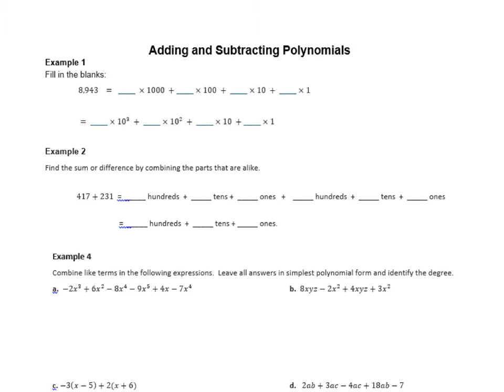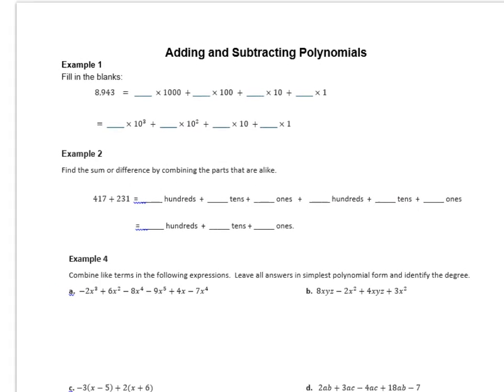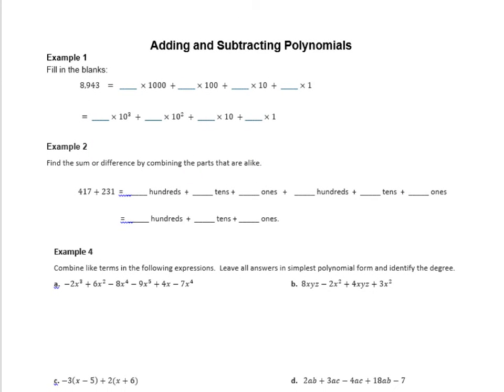Now, before we start talking about adding and subtracting polynomials, I want to remind you of a certain way you can write numbers called expanded form. If you look at this number, 8,943, you'll see that it has 8 1,000s, it has 9 100s, it has 4 10s, and it has 3 1s.